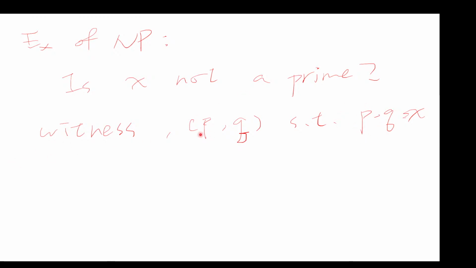If someone gives you a non-trivial P and Q, you can quickly calculate P times Q equals X, then you can verify that X is not a prime number. This is an example of NP, this is a verification. You can do this calculation very quickly, even if someone gives you this witness. But if you don't factor X yourself, then it might be hard to find this P and Q yourself.